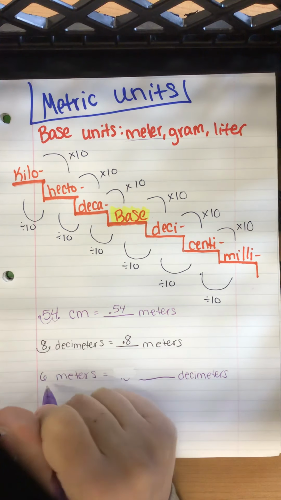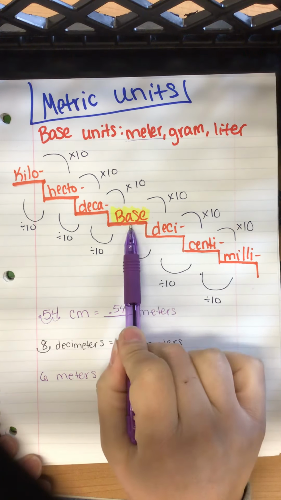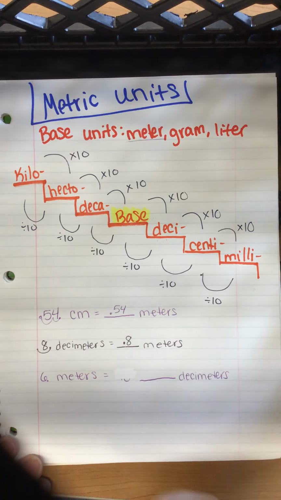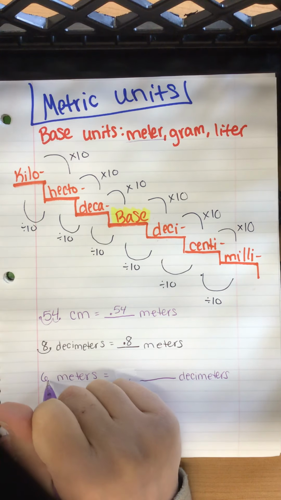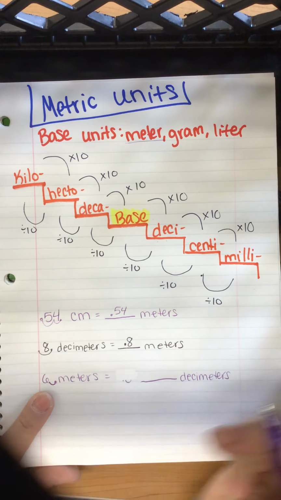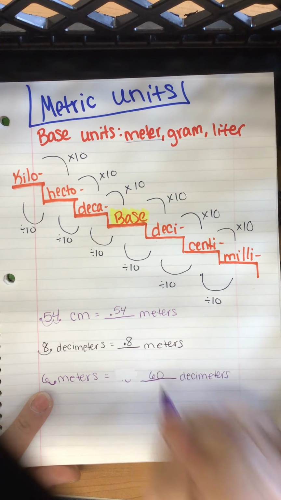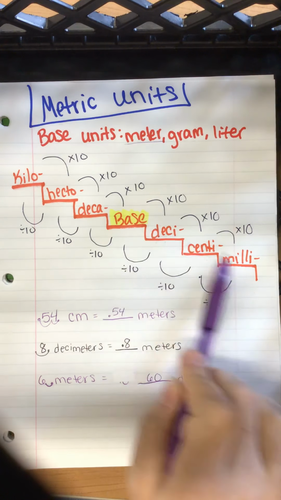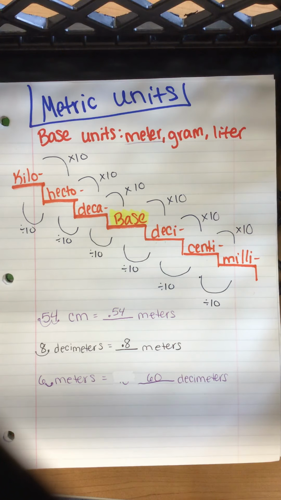Okay, so if I'm at 6 meters, I'm right here at 6 meters, and I want to go down my ladder to decimeters, I need to move my decimal the other way. Now see how I have a hole? I can't have a hole. I have to fill that up. And now I have 60 decimeters. So I'm getting bigger because the unit is getting smaller.